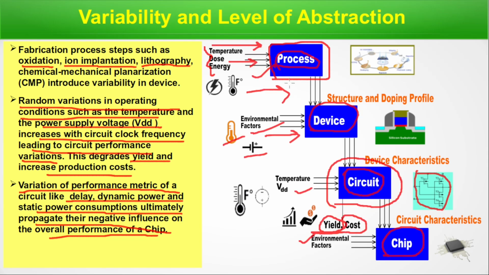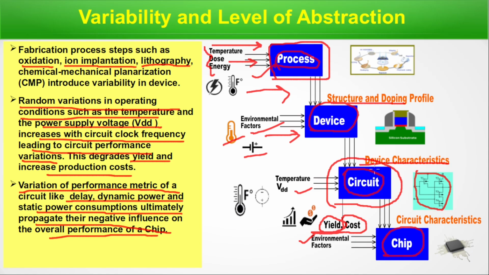Process variation parameters contribute mostly in the device structure and doping profile. That means the basic parameters or basic behavior of the device is slightly different from the other, along with the environmental factors that basically decide the device characteristic.